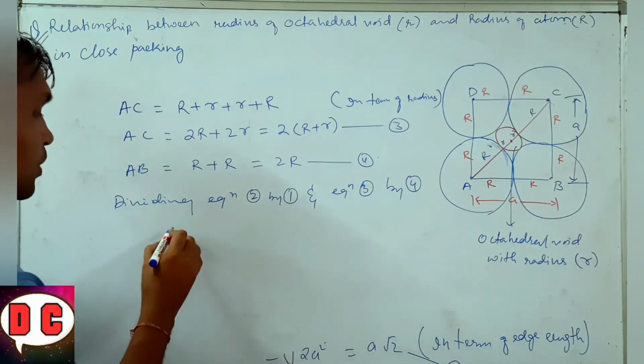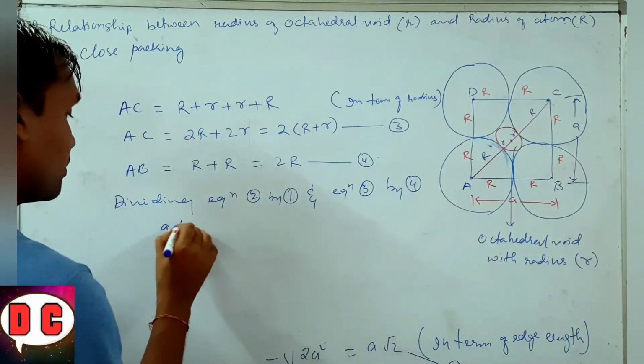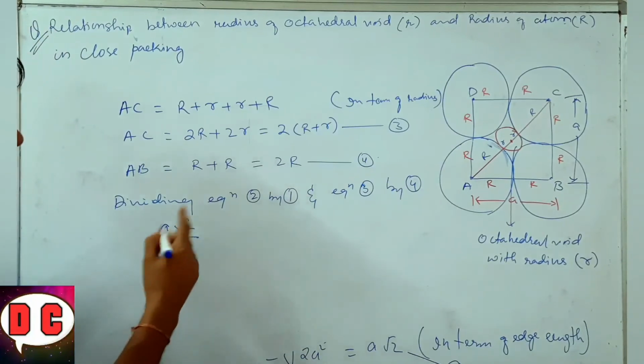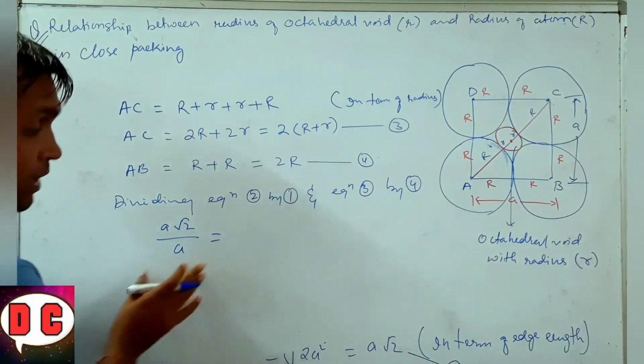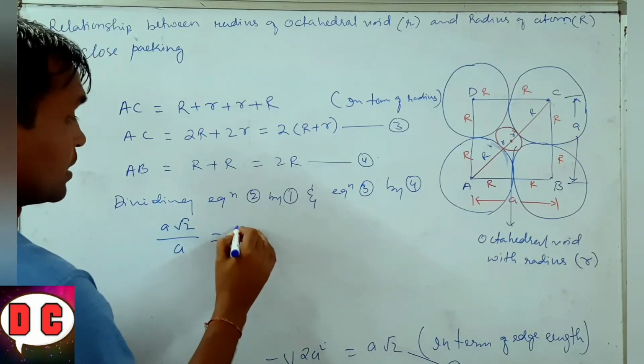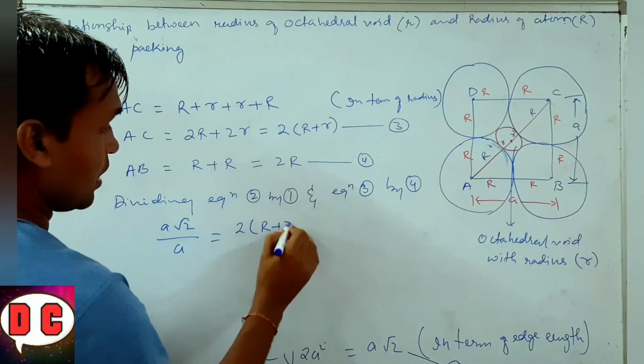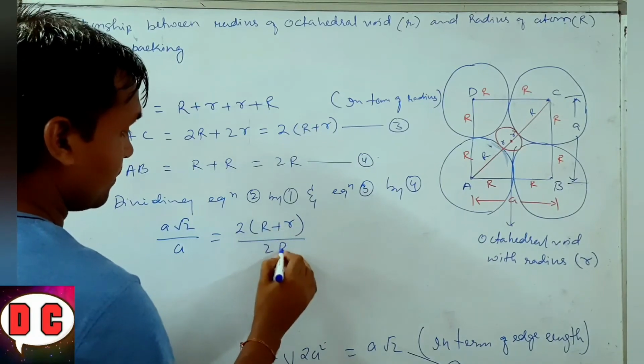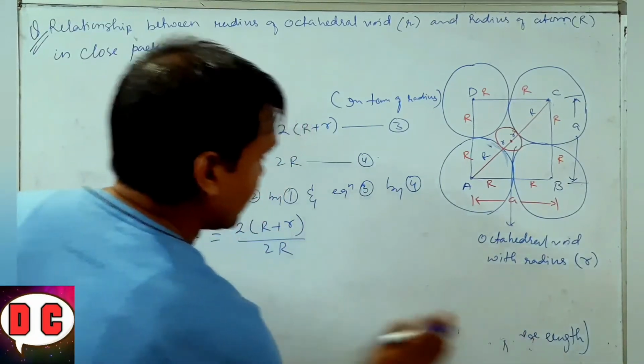Equation 2 is A root 2, and equation 1 is AB equals A in terms of edge length, and this side in terms of radius, what is AC? 2R plus R by 2R. Got it? So this point is clear.